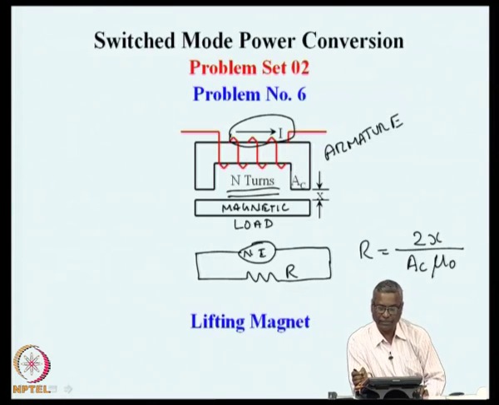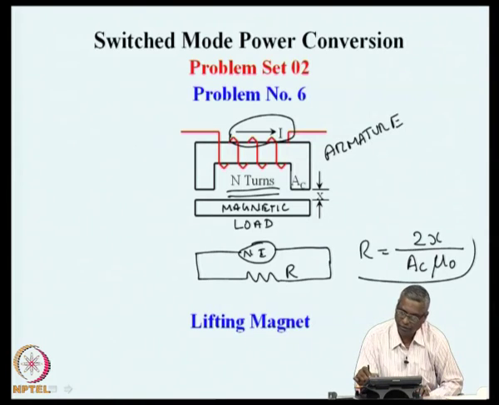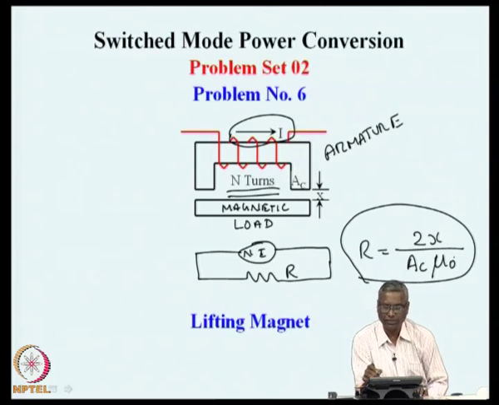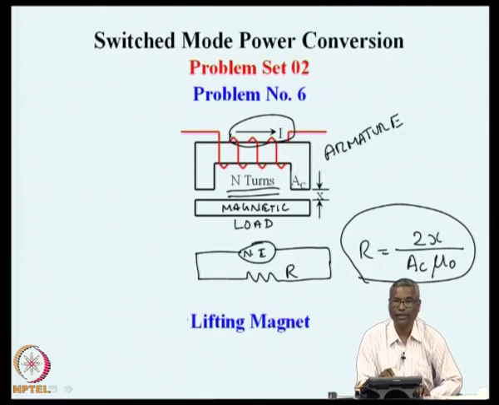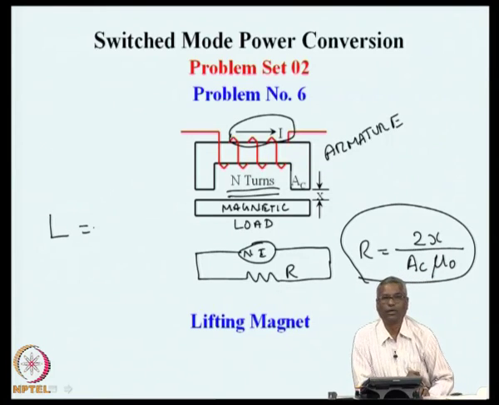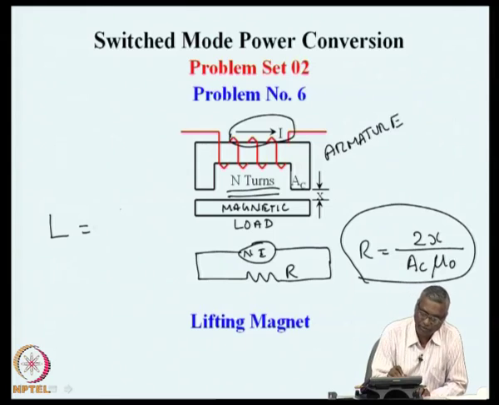So, in such a configuration, we know that the reluctance of the magnetic circuit is length of the magnetic path divided by the area of cross section of the magnetic path multiplied by the permeability of the magnetic path. Here, the magnetic path has iron component and air component, and the air component reluctance dominates. So, we have neglected the reluctance of the iron path, and what we see here is 2x by AC mu naught. And the winding can also be considered to have an inductance which will be n square by reluctance.